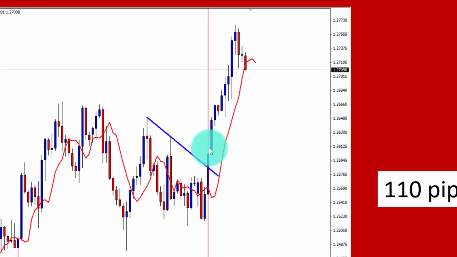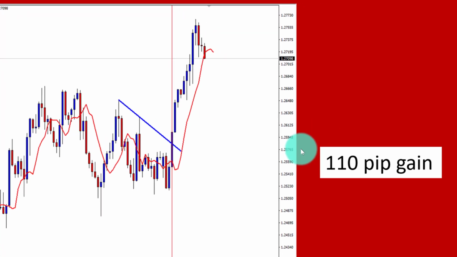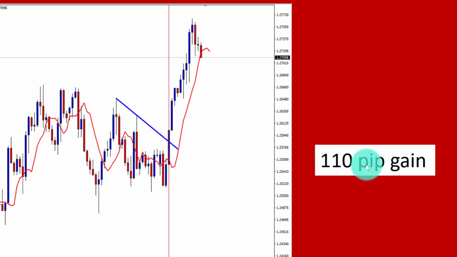So we stay in the trade as long as the price does not close over this moving average, and then eventually it closed there, and that was for a 110 pip gain. Beautiful trade, so simple. Two things to worry about: the trend line violation and then the moving average crossover. And that's how simple this particular system is. And look at the amazing gains that can be made.